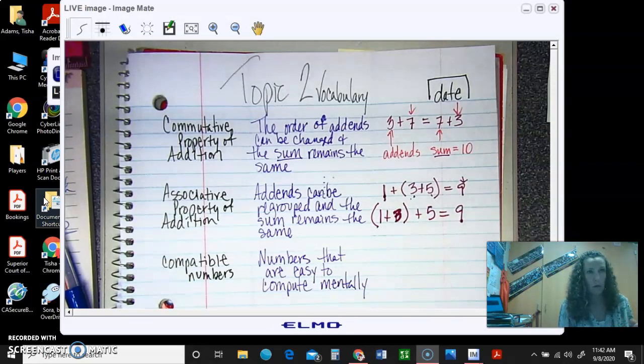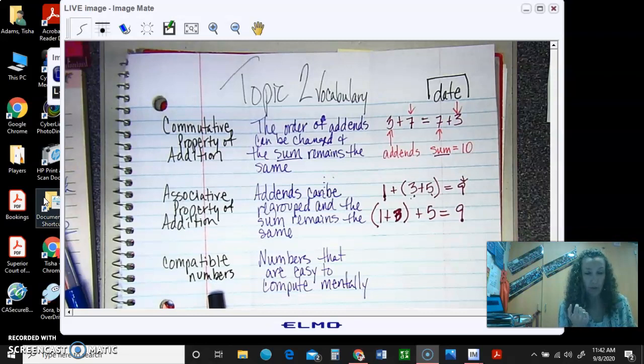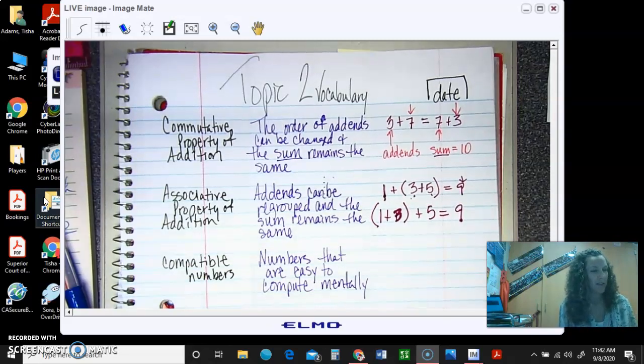Okay, so tens are easy to compute mentally, really multiples of 10, right? 10 plus 10 is easier than, say, 8 plus 7, right? So if you used compatible numbers for each of those and pop them both up to 10, you're estimating and you get a number that's close, right? So it's hard for me to give a clarification or an example over here.